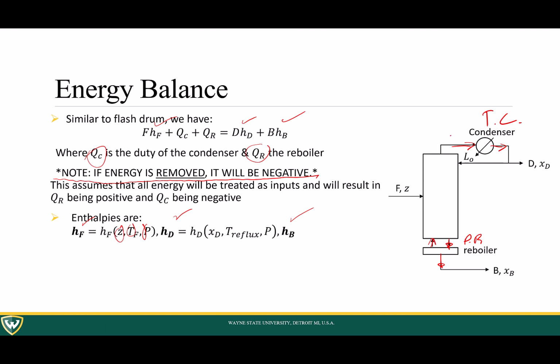So if it's 0.9, it's going to be 0.9 here. That makes the calculation simpler, and it makes it preferred to go at about this spot here. We also have 3 streams interacting with our reboiler versus only 2 streams, one in, one out, for our condenser. So that's why, when we're choosing which one of these two to analyze, we usually analyze the total condenser. If there's a total reboiler and a partial condenser, maybe we would consider looking at the total reboiler instead.